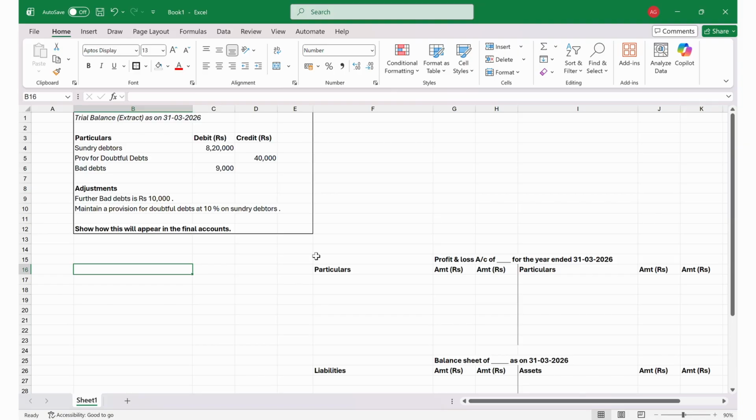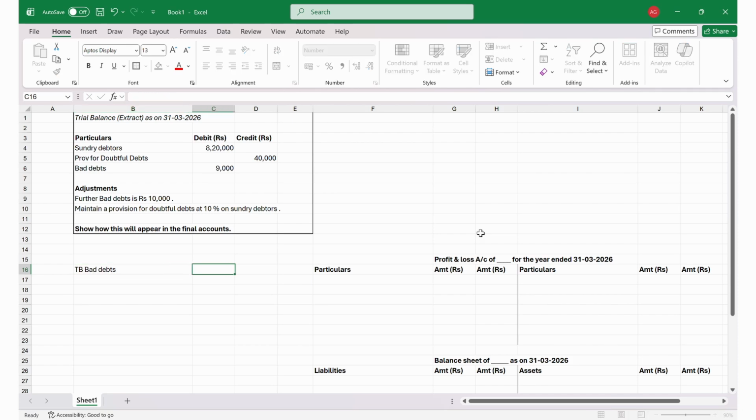If you have two provision for doubtful debts, then you have to do the working in a separate working note, in a rough working area, and then based on the result of that working note, you can go and fill the profit and loss account. So let me tell you how that working should be done. The first thing you have to write is the trial balance bad debts.